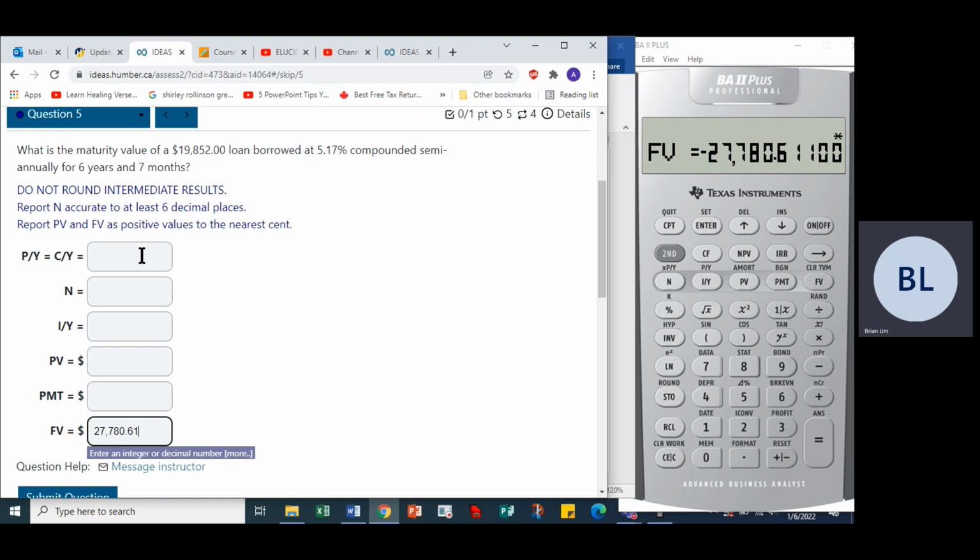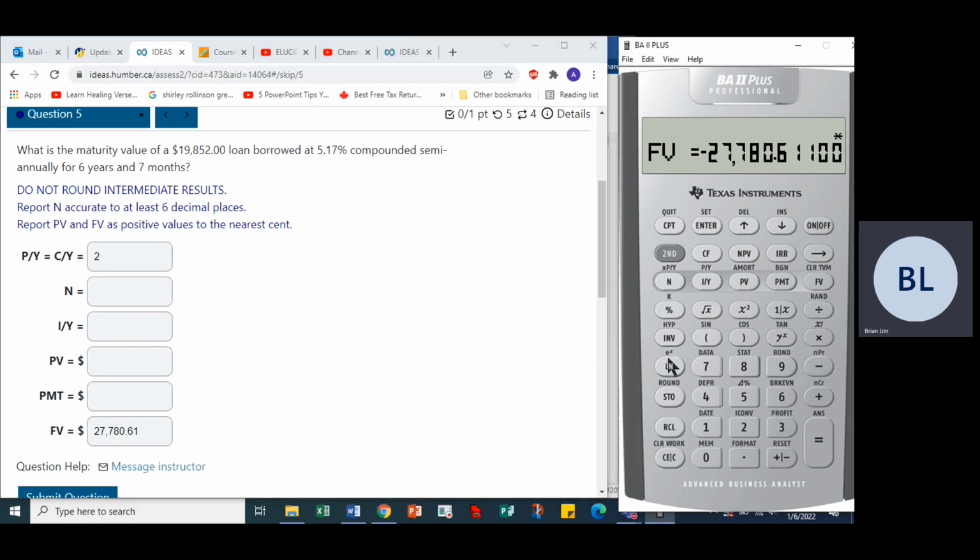All right, so PY and CY, that was 2. N, we should recall N to find the number. And the number is 13.166667. Okay, 5 6s and 1 7.